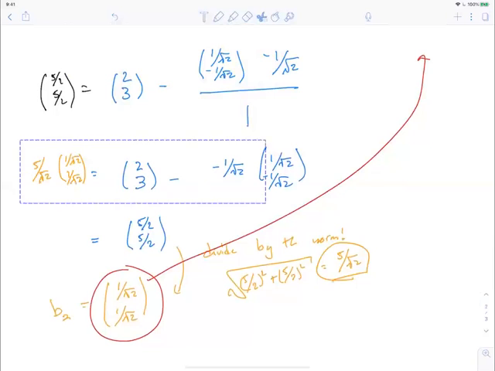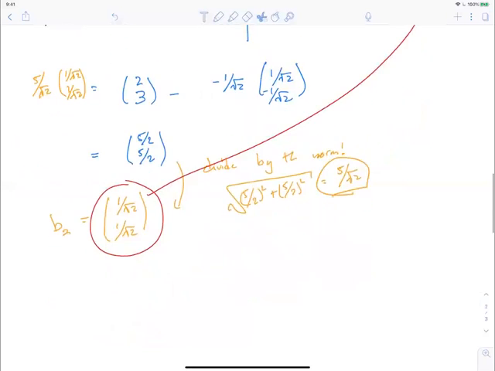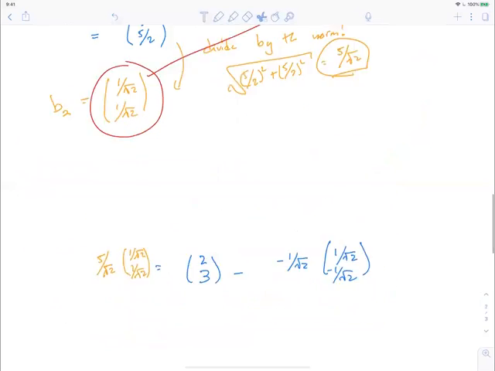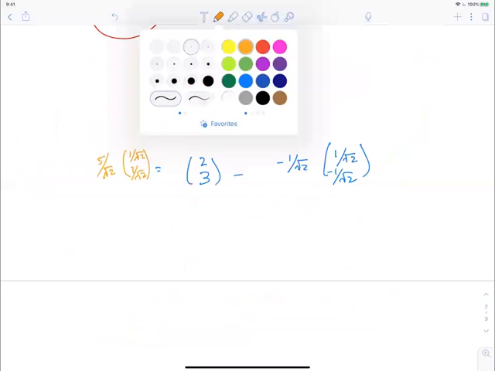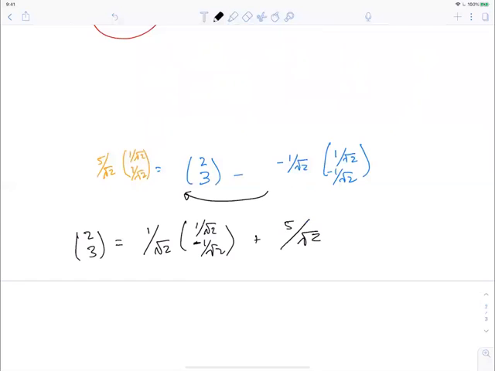And so if we take that right there, we can use that to solve for 2, 3. Put this on the other side. And we get that 2, 3 is equal to 1 over square root of 2 times our first basis vector plus 5 over square root of 2 times our second.